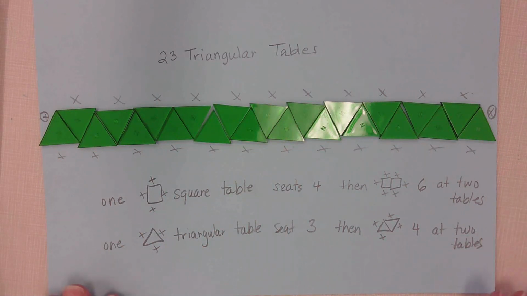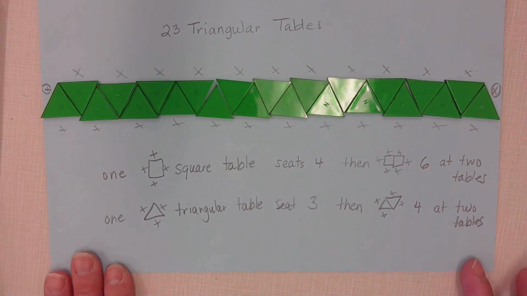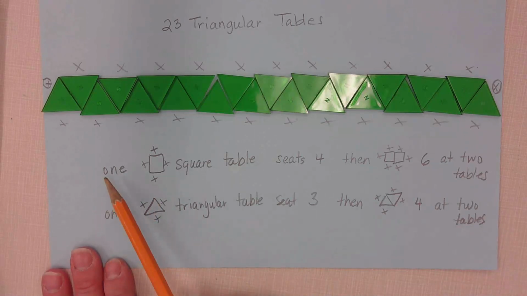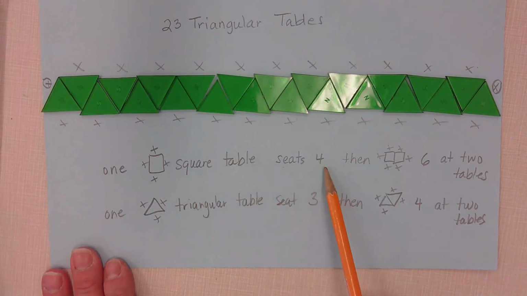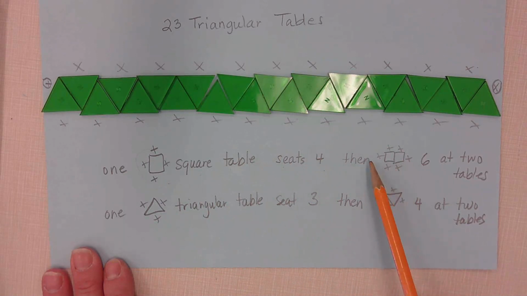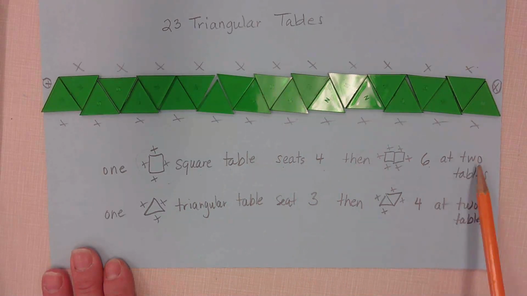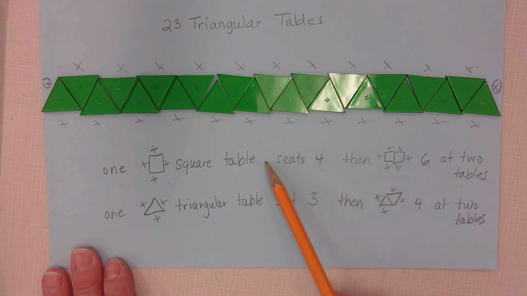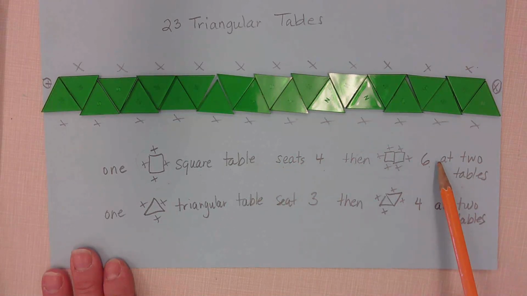So when we compare what we saw with the square tables, one square table seats 4, just like so. Then when you combine the tables, it seated 6 at 2 tables. So we know that the pattern was going up by 2, right?